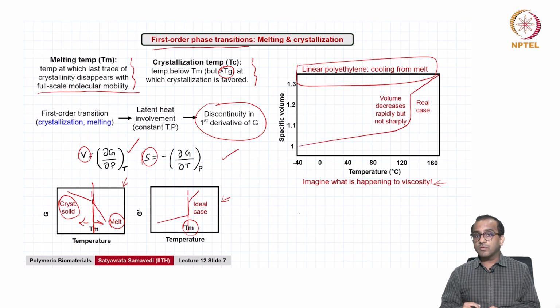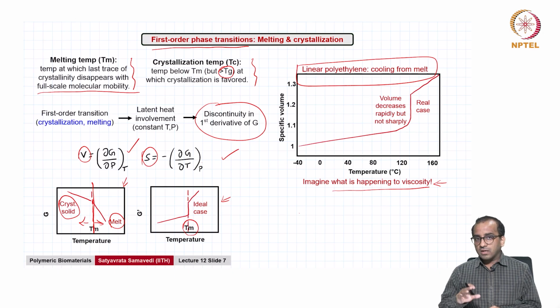So that will also affect the way in which these chains can align. So now you can perhaps understand why the cooling rate also matters. It's partly the thermal energy. From a practical perspective of processing it, you can also think of what happens to viscosity as you cool down these polymers from the melt.